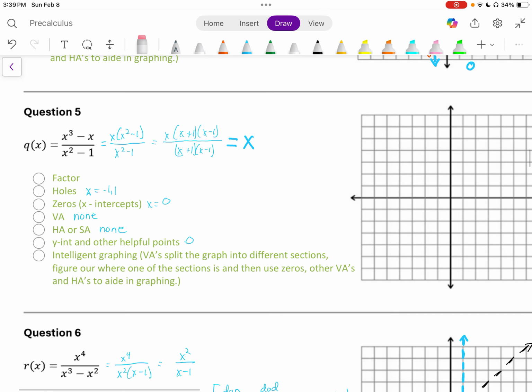Number 5. Number 5, we actually had to factor. In the numerator, there's an x in common, so factor out an x. So x times x squared minus 1 over x squared minus 1. However, x squared minus 1, we could just cancel them there, but we have to be careful because we have to know what values of x make that 0, which we probably could think through.